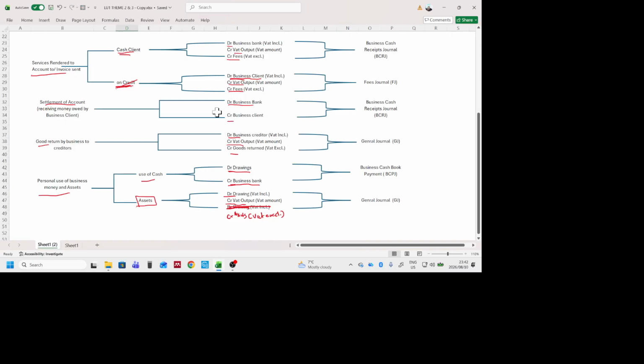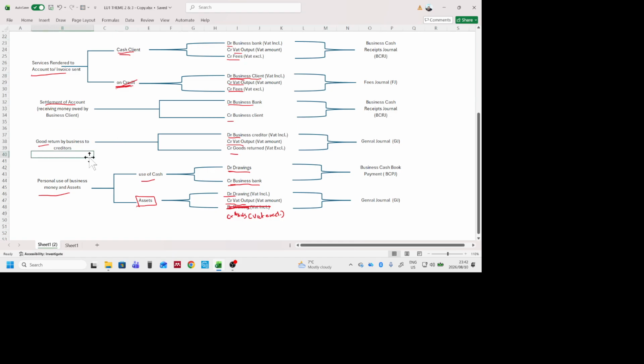And there won't be any VAT treatment because the VAT was already recognized when we charged the client. Once we receive the money, we just have to take the VAT portion and pay it over to SARS, which means that when we receive the money, there won't be any VAT treatment.